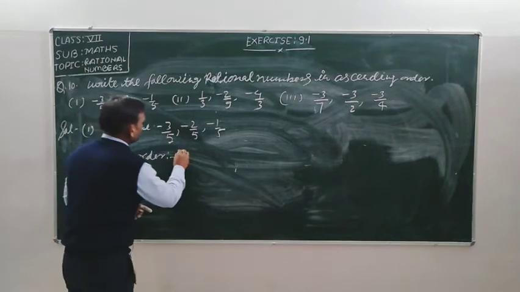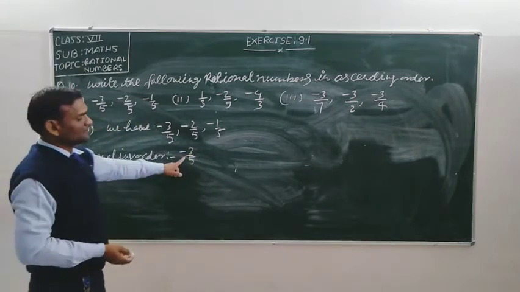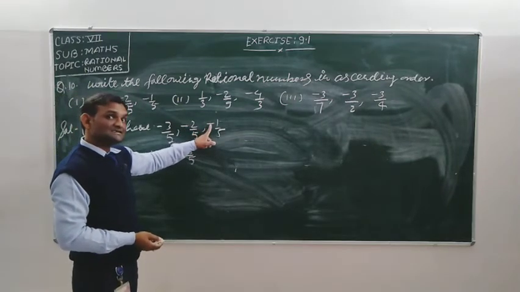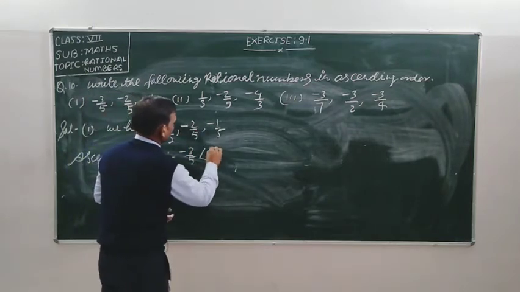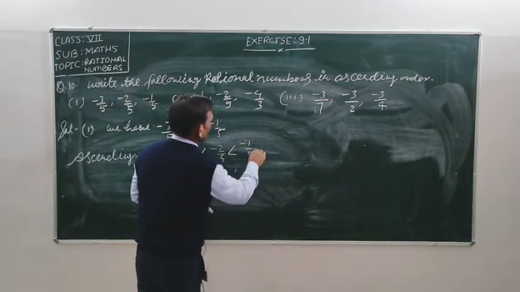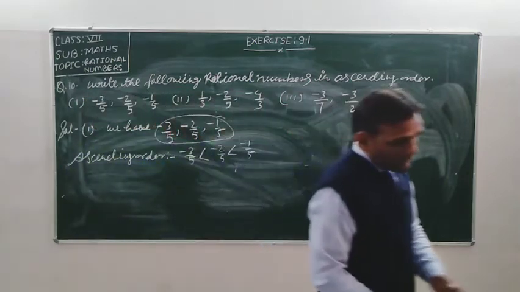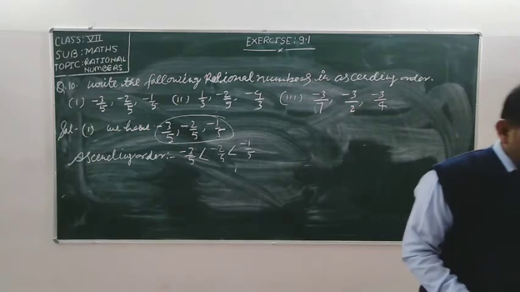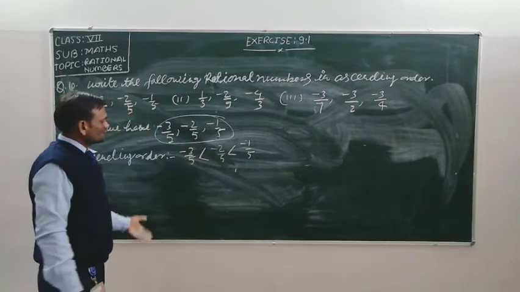So you will write minus 3 upon 5. Then minus 2 and minus 1, which is smaller? Minus 2. So minus 2 upon 5, and then last minus 1 upon 5. It means this is already given in ascending order, already arranged in ascending order. So student, this is my answer.